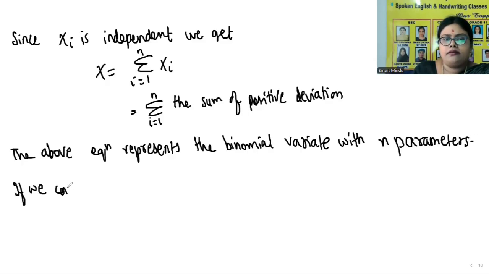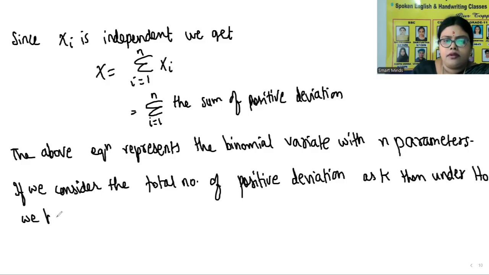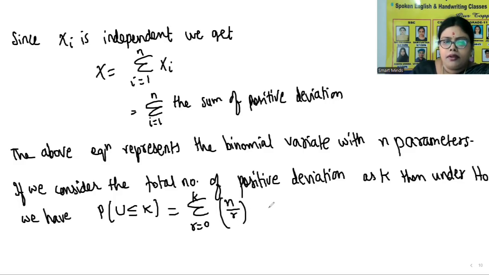If we consider the total number of positive deviations as k, then under H naught we have the probability of u less than or equal to k is equal to sigma r is equal to 0 to k of nCr p power r q power n minus r.